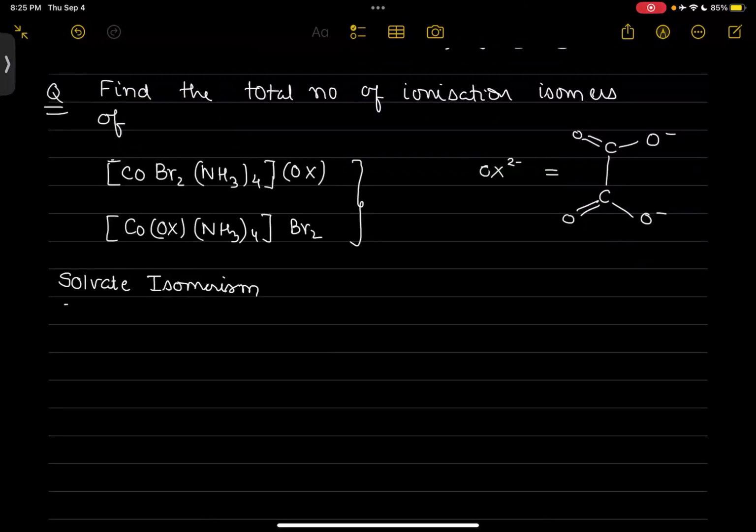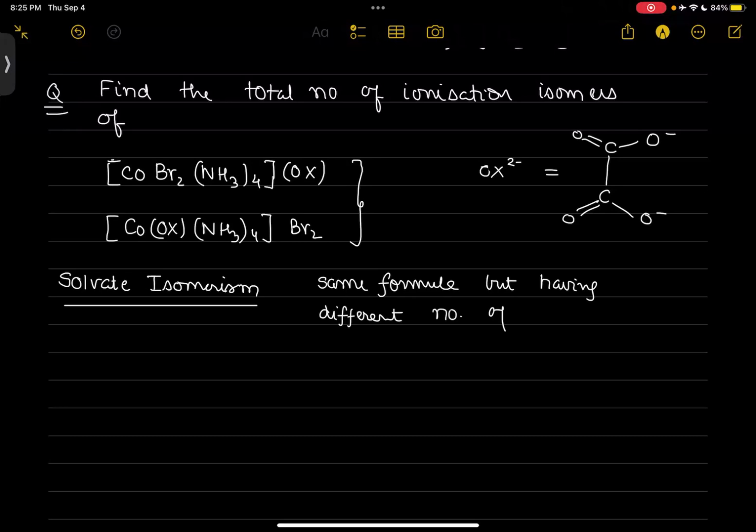Solvate isomers are complexes having the same formula but a different number of water of crystallization molecules.